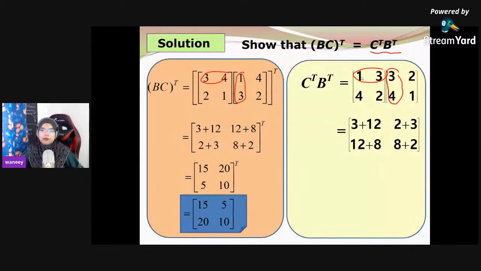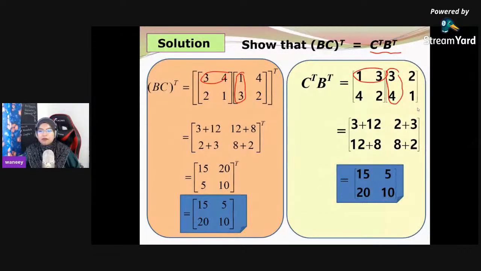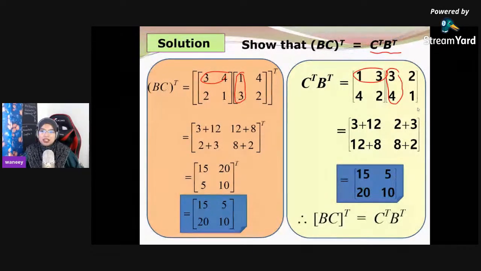So we will have 3 plus 12, 2 plus 3, 12 plus 8, 8 plus 2. So we will have 15, 5, 20, 10. So we actually have something the same. Actually, both of them are similar, same. So that means we can actually prove that (BC) transpose is actually equal to C transpose B transpose. So shown.